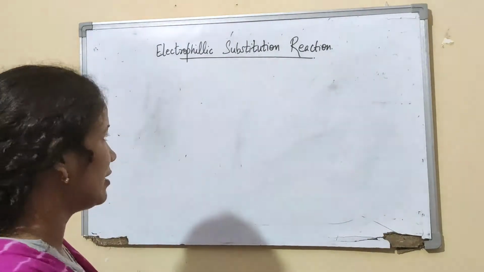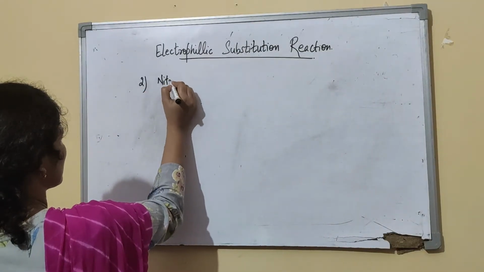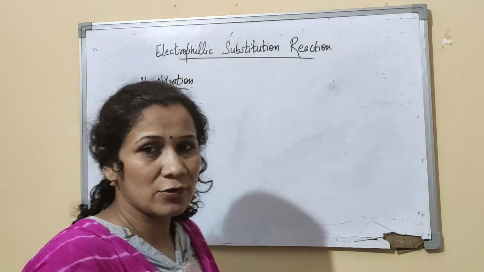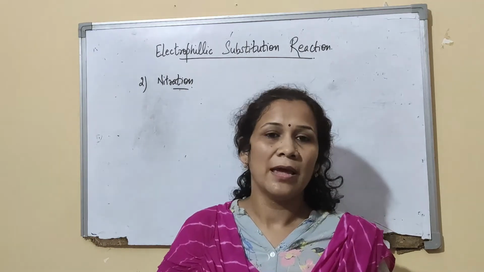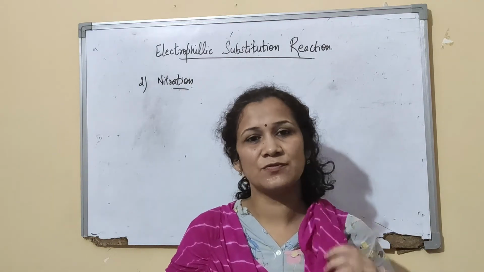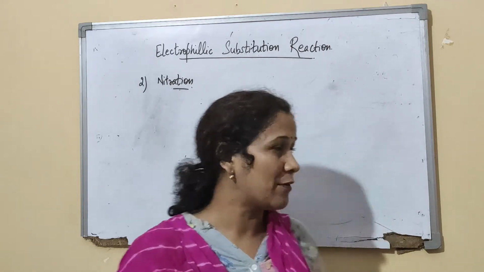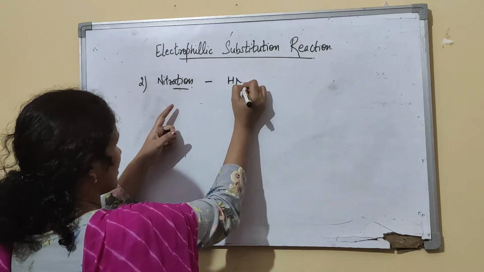So we'll just study the second reaction, that is nitration. Now we are talking of electrophilic reactions. So we say that we have to have an electrophile. Anything that has a positive charge will act as an electrophile. So that means what? We have to generate an electrophile from HNO3.